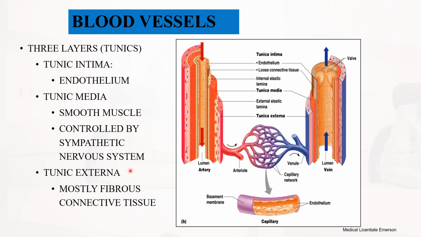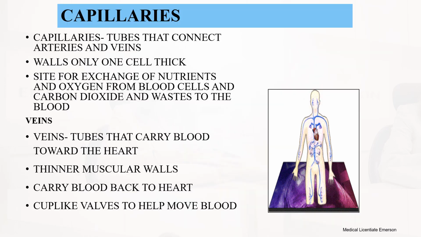Okay, so let's continue. The tunica externa is mostly fibrous connective tissue. Okay, then this is the tunica intima we are talking about, which is the endothelium of the blood vessels.